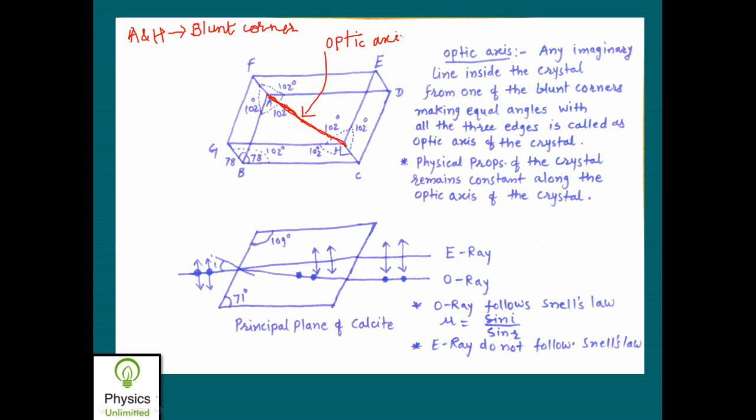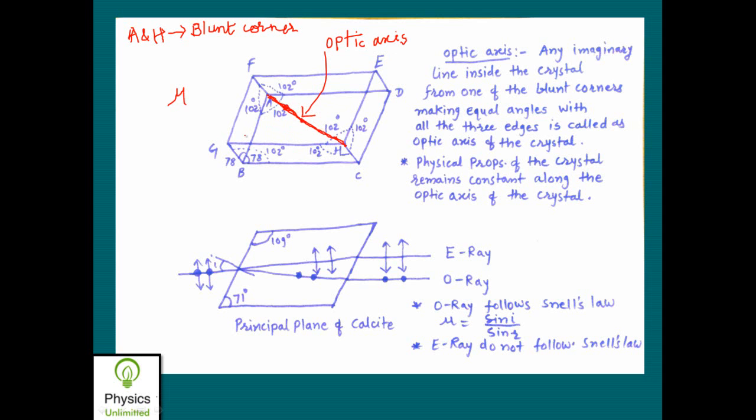One of the physical properties is refractive index. If you measure the refractive index at this point or this point, that is along the direction of optic axis, the value of refractive index mu will be the same.